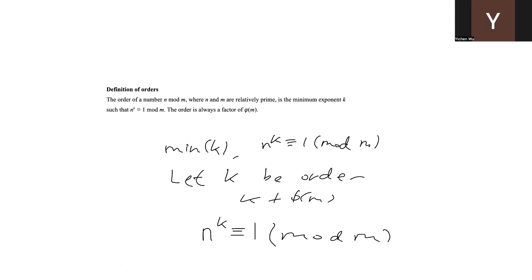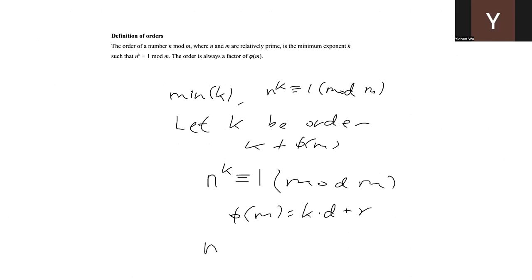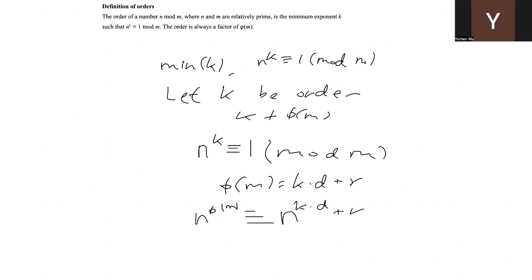So if we let phi of m be equal to k times d plus r, then n to the phi of m should be congruent to n to the k times d plus r. The plus r is above here, by the way. So, erase this.